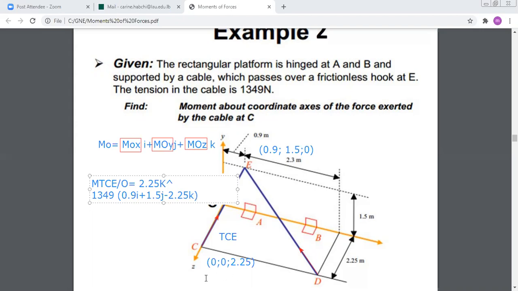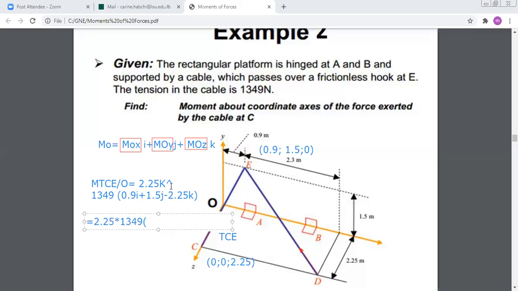And now, here, it's also easy to do the expansion. No need to do the matrix, because this term here has only one component. Okay, so if I do the expansion, I can take as common factors 2.25 times 1349. So it's equal to 2.25 times 1349 times.